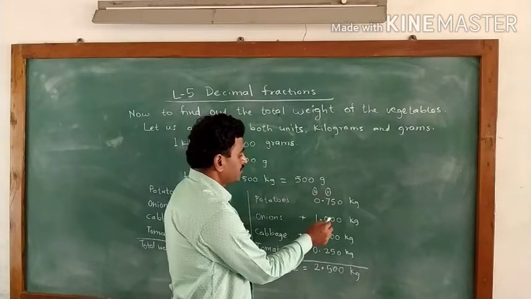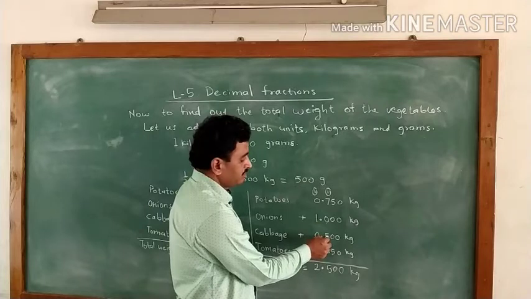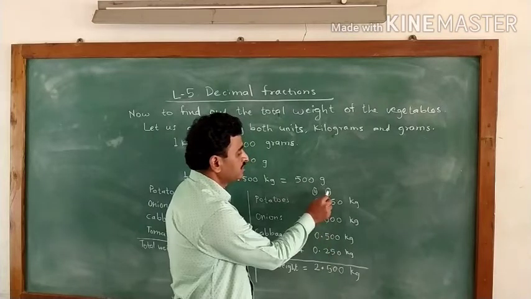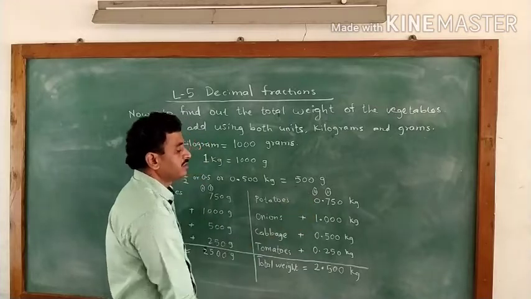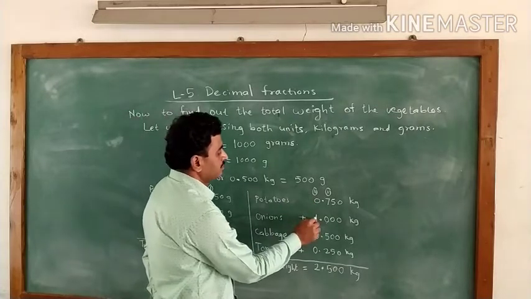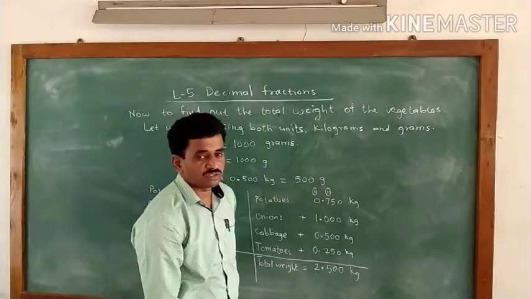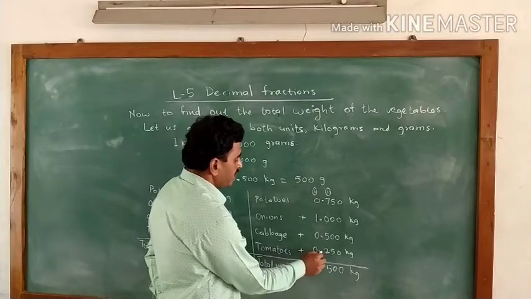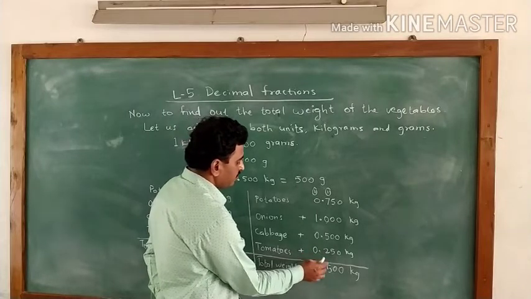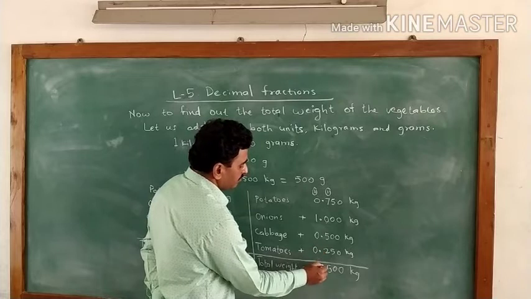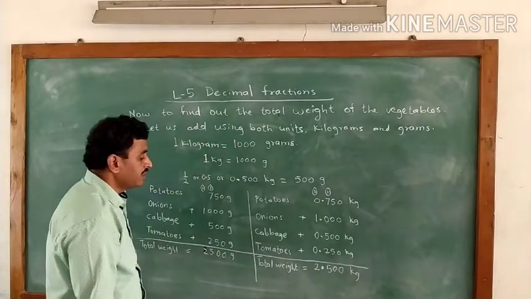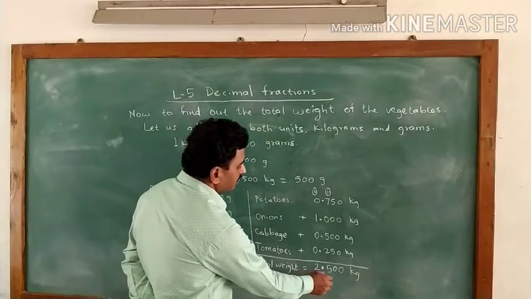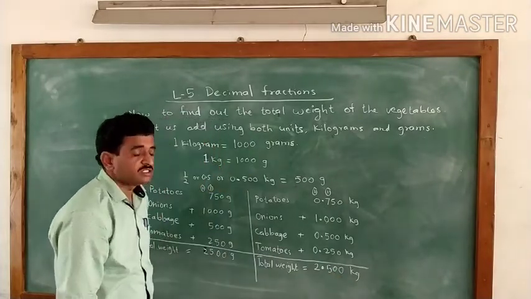Then 7 plus 5 is 12, 13, 14, and this carry is 15. So 5 we will write here, 1 will write here. Then here this 1 and this 1 carry. 1 plus 1 is 2. Where is the decimal point? There we have to put the decimal point, below the decimal point. Then our answer is coming 2.500 kg.